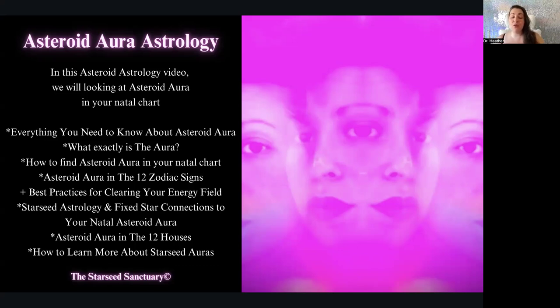And then we're going to go through asteroid Aura in the 12 zodiac signs, plus best practices for clearing your energy field, as well as the starseed astrology and fixed star connections to your natal asteroid Aura. We're going to talk briefly about your natal asteroid placement in the 12 houses, and then how to learn more about starseed auras if you're interested.